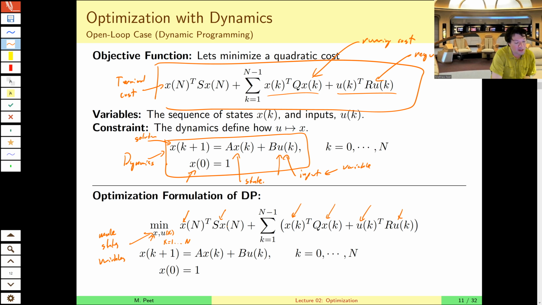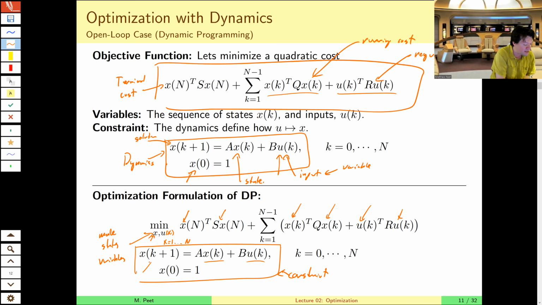Now, however, how do we represent the relationship between the inputs and the state, the trajectory that is produced by an input? Well, that's where we add in the dynamics. We can think of the dynamics as a constraint which couples the inputs to the states and couples them in time.